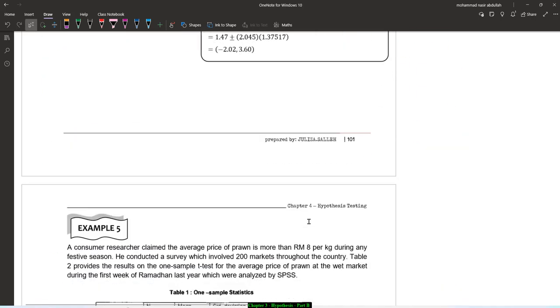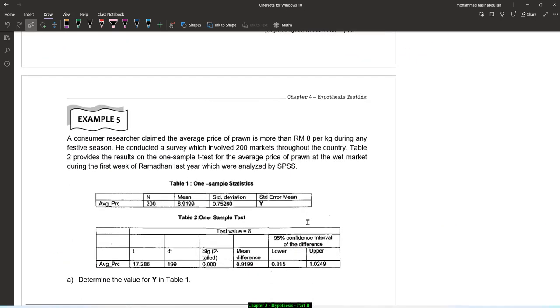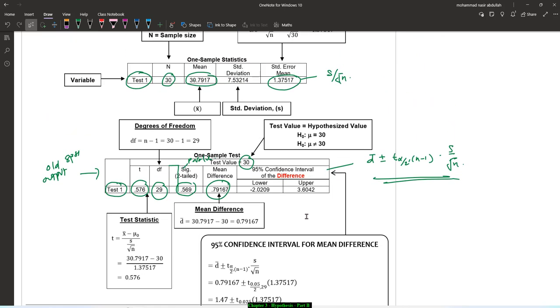So now, I will show you how to read this table and conclude with hypothesis testing. Previously, we looked at the t-value and degrees of freedom. Now, I will show you how to conclude your significance test using a p-value.